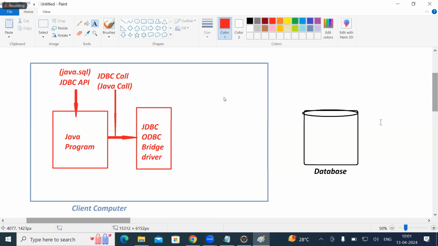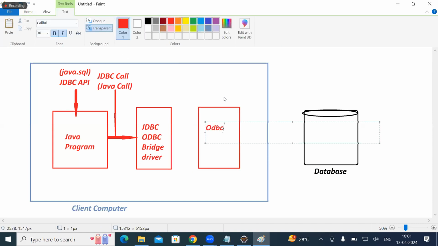It will not connect to the database directly. It will take the support of one small short program, that is the ODBC driver. Wherever I write driver, it is one small program.